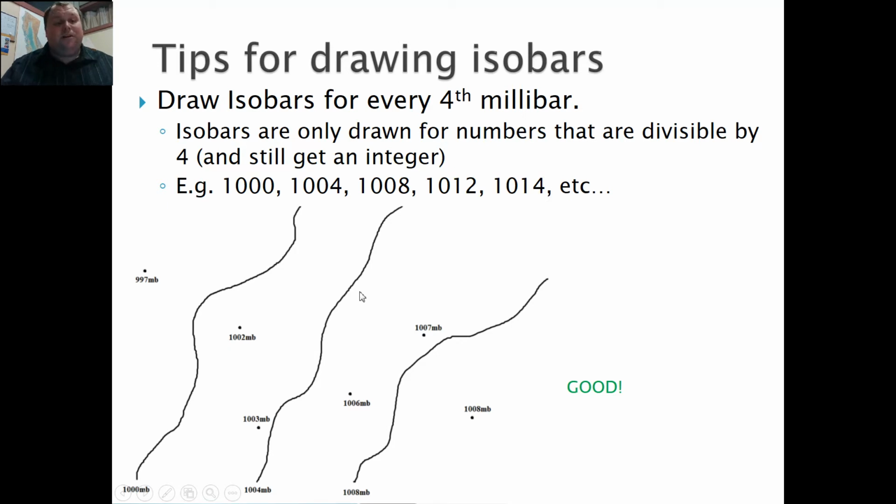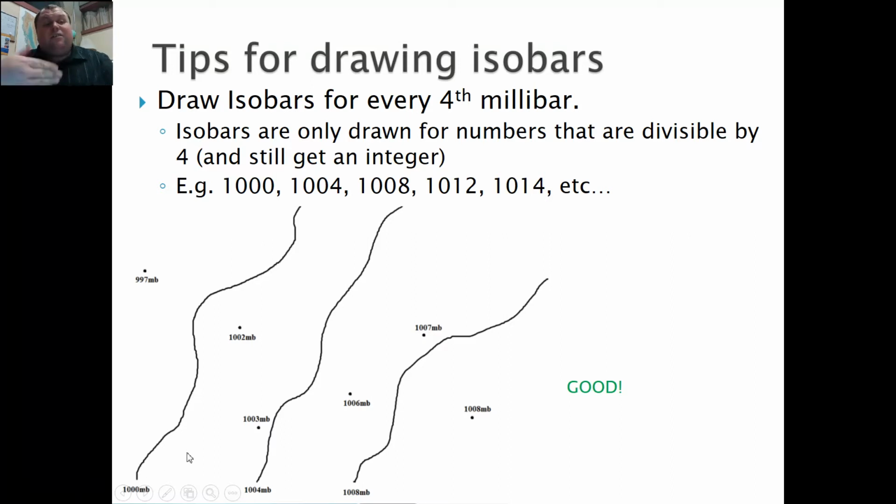Everything in between those two isobars is going to have an air pressure between 1000 and 1004. And you could probably extrapolate pretty easily where the pressure is probably going to be 1001, 1002, 1003, and so on. Places very close to the 1000 millibar isobar are going to have air pressures closer to 1000 millibars.